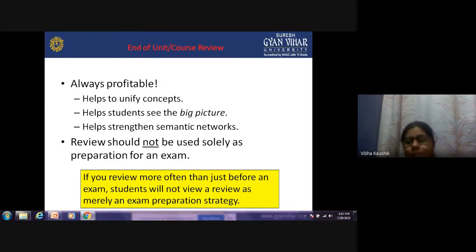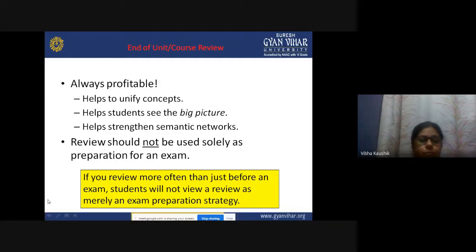They will not consider review merely as a strategy that helps them prepare for exams. The review strategy has to be planned in such a way.